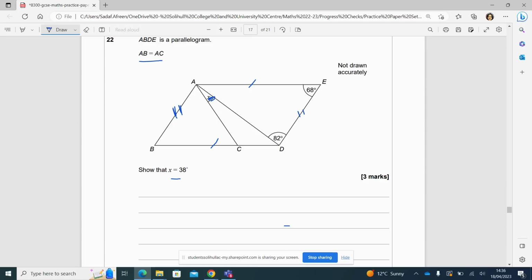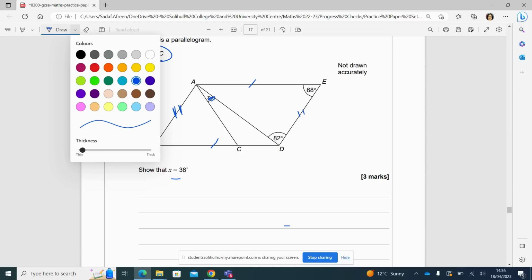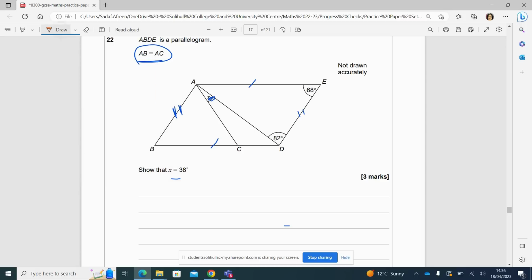Okay, now this statement is very, very important. It says AB equals AC. That means that if you look at this triangle here from AB and AC, this is the AB line and this is the AC line, these two lines are equal.